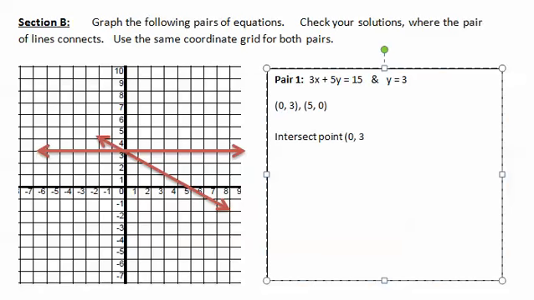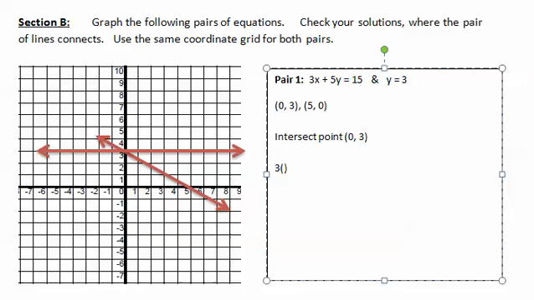That's our intercept point. Now we want to take the 0, 3 and substitute the 0 for x and the 3 for y into both of these equations. We'll do that with our first one. We've got 3, and according to our intercept point, x is 0.